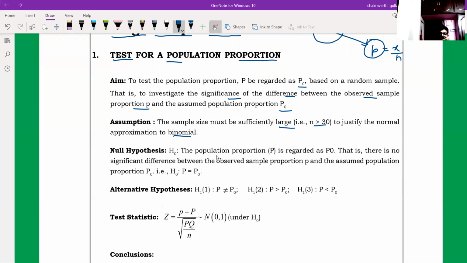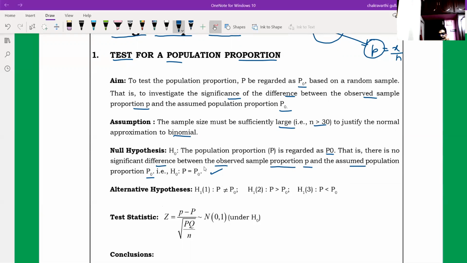Now, step 1 is the null hypothesis. H naught: the population proportion P is regarded as P naught. That is, there is no significant difference between the observed sample proportion p and the assumed population proportion P naught. Capital P naught is some specified value. H naught: P equals P naught. That is the null hypothesis. It is a simple hypothesis, where the population parameter is specified completely.